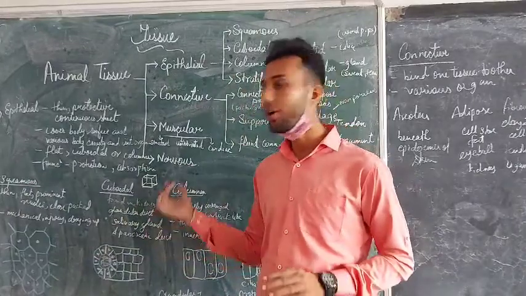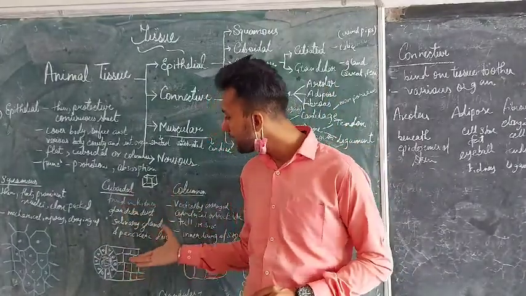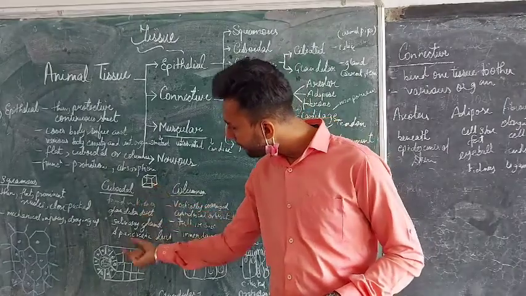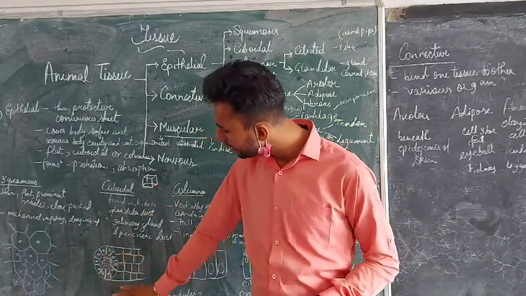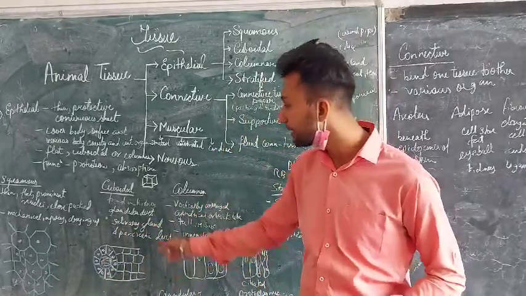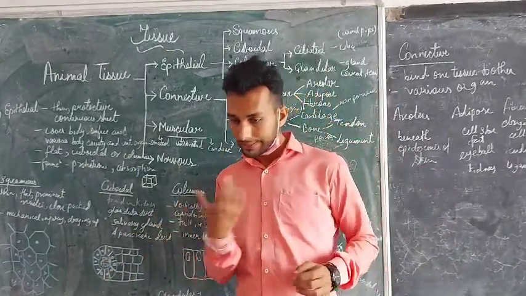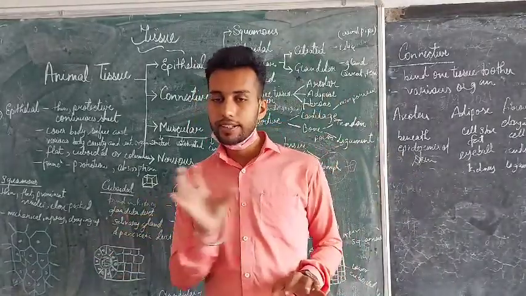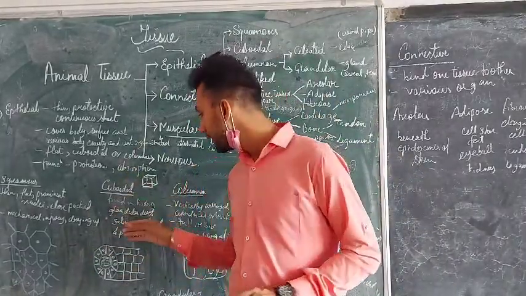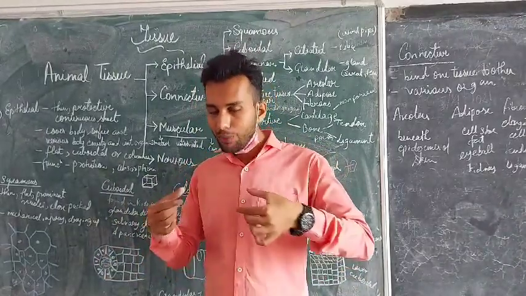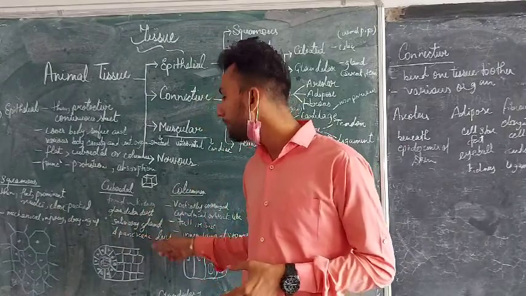Now coming to the cuboidal epithelium. Cuboidal epithelium is cube shaped. Where is it present? It is present mainly in the kidney: the linings of the kidney, and glandular ducts, the duct of the salivary gland from where we secrete saliva, and the pancreatic duct.